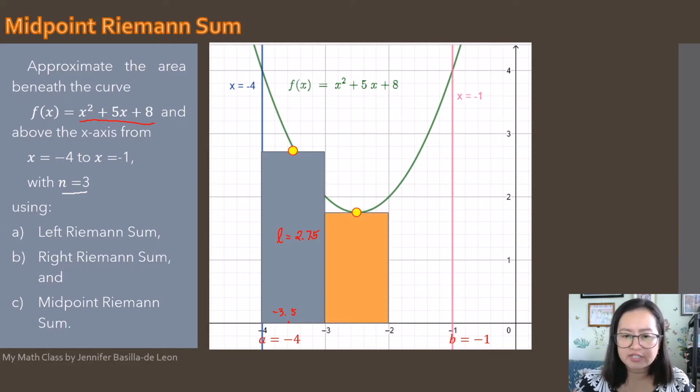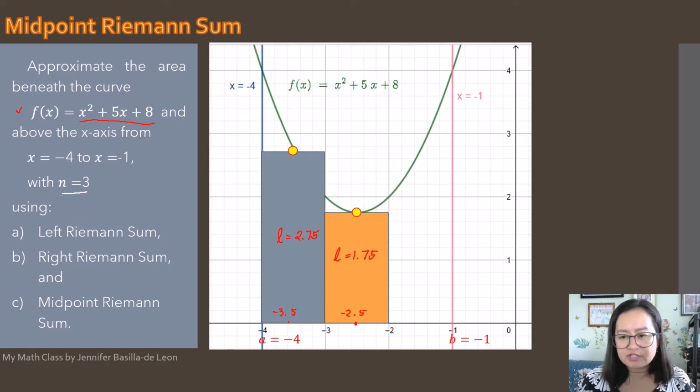Now for the second rectangle, we shall have it on the second subinterval, and the midpoint of the second subinterval is -2.5. Evaluating this given function, f of x equals x squared plus 5x plus 8 at x equals -2.5, we will have 1.75. So therefore, the length of this rectangle is 1.75.